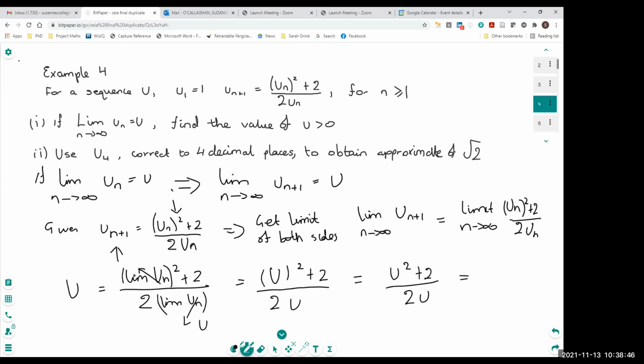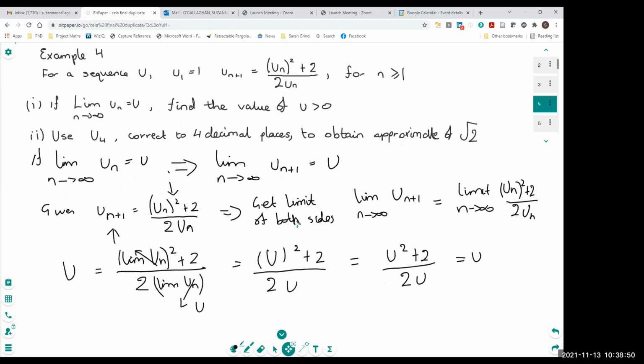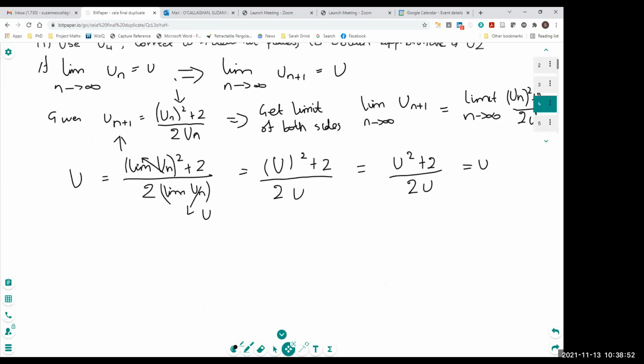So that's equal to u. So coming down from here, we have u equals u squared plus 2 all over twice u. That's twice u squared.